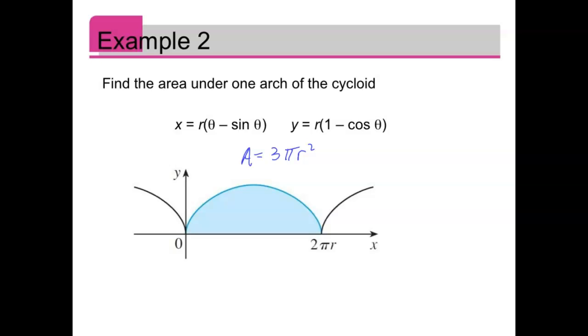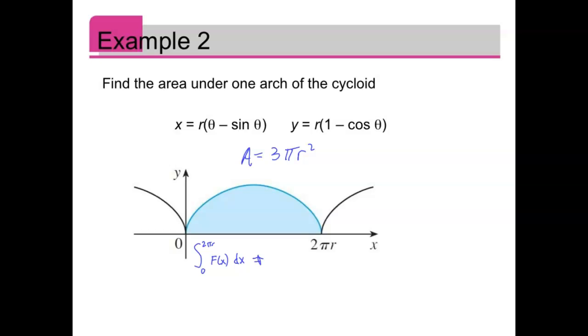We found that in Cartesian, when we were trying to evaluate this arc in Cartesian coordinates, we would have integrated from 0 to 2 pi r, whatever the function is in terms of x for that arch, dx, right?